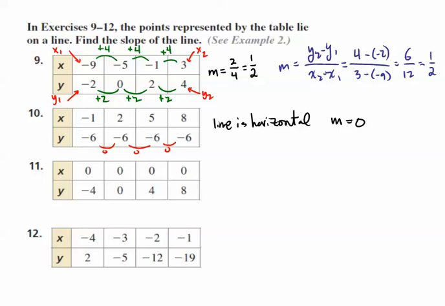In the next instance, it's the x values that are not changing, so all of the x coordinates on the line are the same, and we would say that the line is vertical and m is undefined.